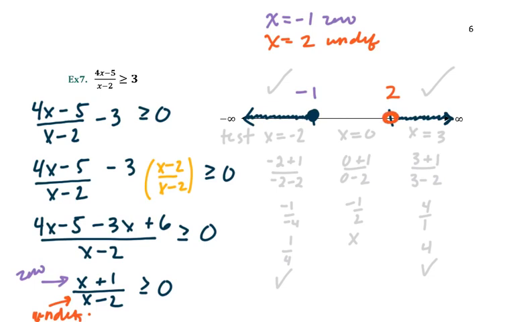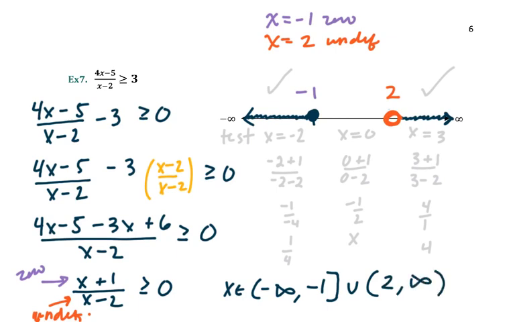Because we can't touch those undefined values, they'd create 0 in the denominator, we know we're going to have an open circle here at x equals 2. So the way I would write my answer is that x is in the set from -infinity to -1, bracket to include it, union, parenthesis 2, to +infinity. And that is my interval, which represents the solution.